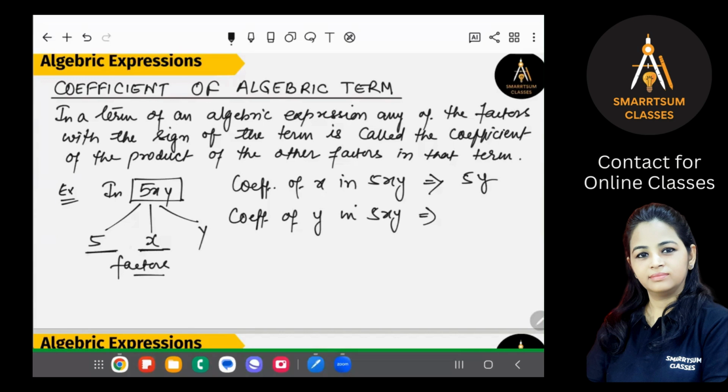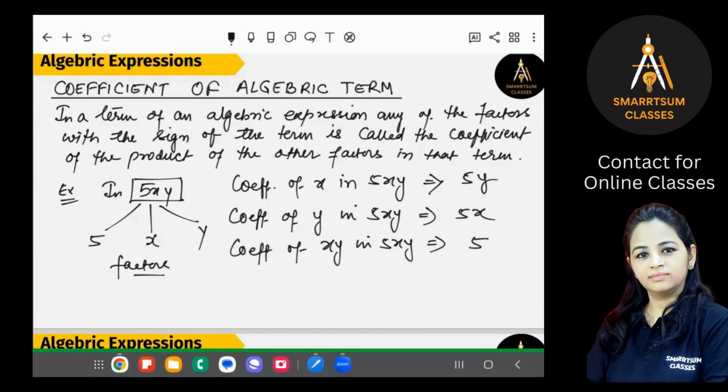Multiply them, that is 5x. Similarly, the coefficient of xy in 5xy is 5. So in this way, you can find the coefficient of different factors within the term.